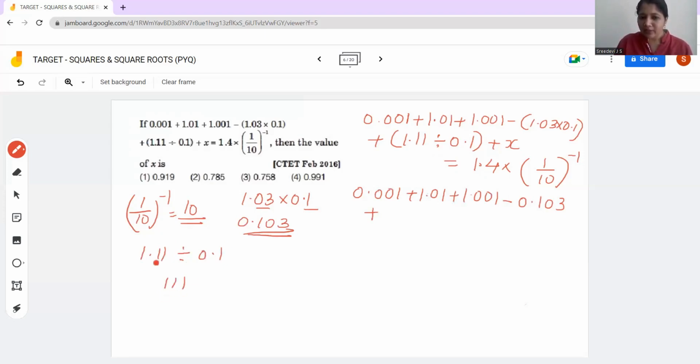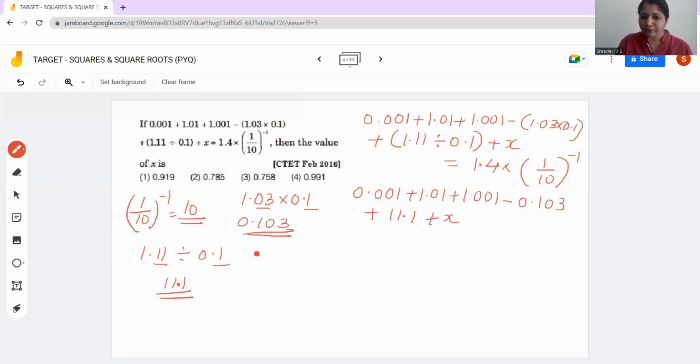Here also, the answer consists of how many decimals? If it is a division process, the number of decimals in the numerator minus the number of decimal places in the denominator. Here we'll get 2 minus 1, that is 1 decimal place in the answer. We'll be getting 11.1. Okay, so here you can write instead 11.1 plus x. Okay, so that is the left hand side that we have here.